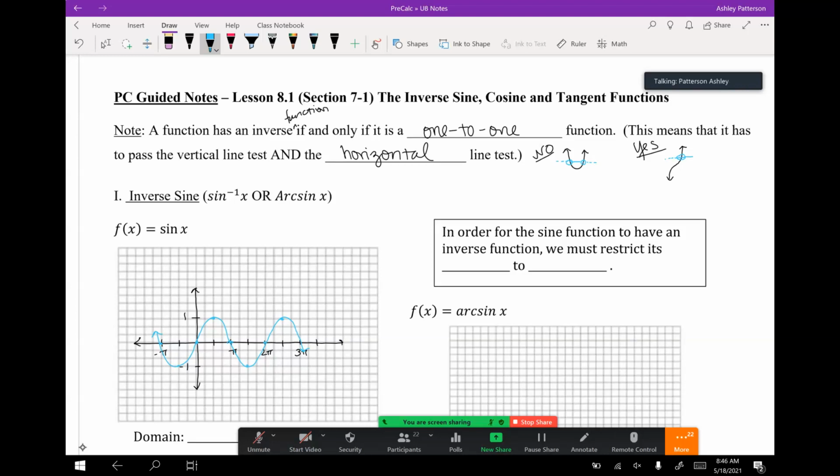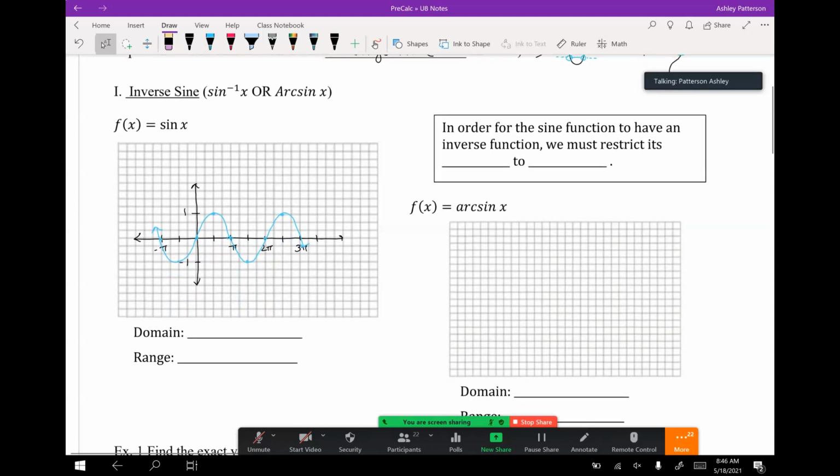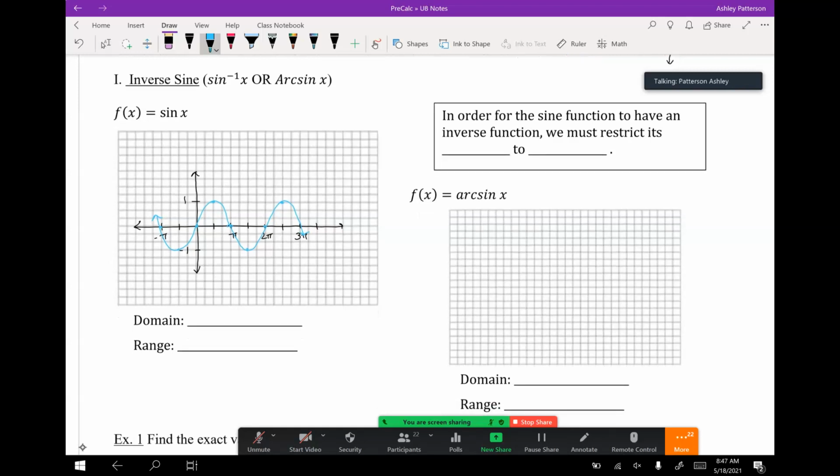Now, the reason this is so important is because when we talk about sine, cosine, and tangent, these aren't one-to-one functions. If you look at the sine function, yes, it's a function, right? Our vertical line test passes wherever we are on the curve, but it's not one-to-one. Yes, the domain is all real numbers.